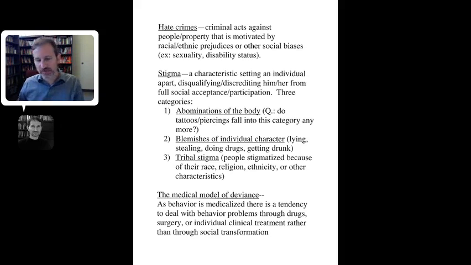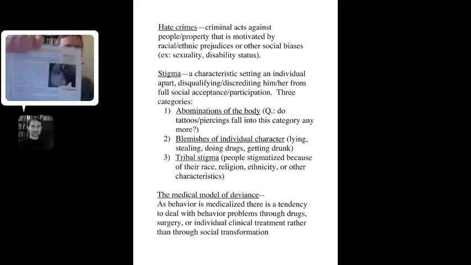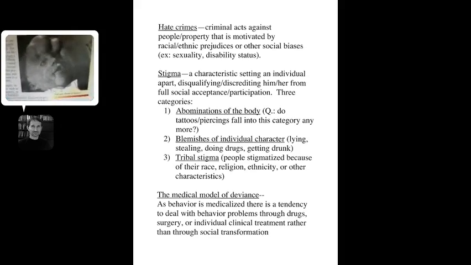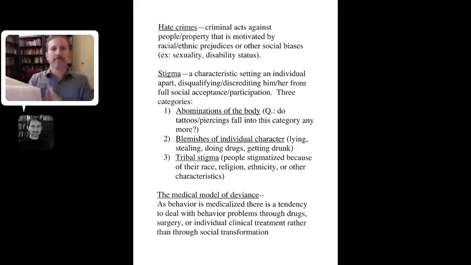In your text, there's even a picture on page 173, which I can't necessarily show you very well, of the Elephant Man as an example. There are three categories Goffman discussed related to forms of stigma. The Elephant Man is a clear example of the abomination of the body, so some type of physical deformity that sets people apart.